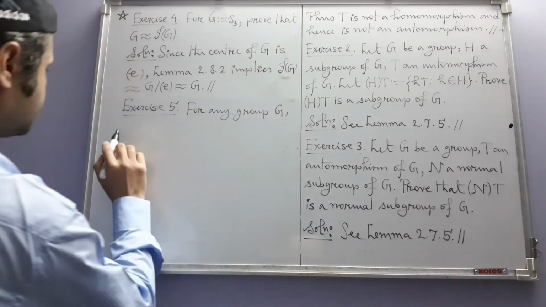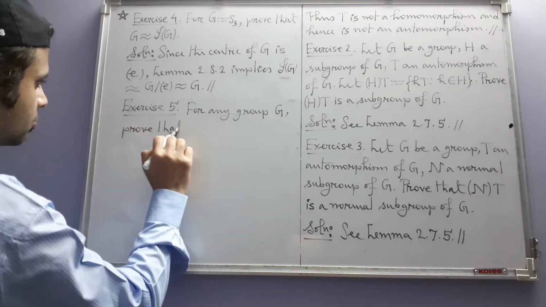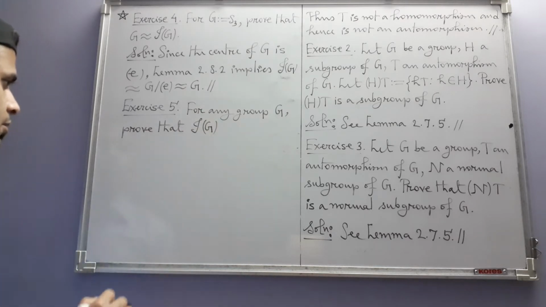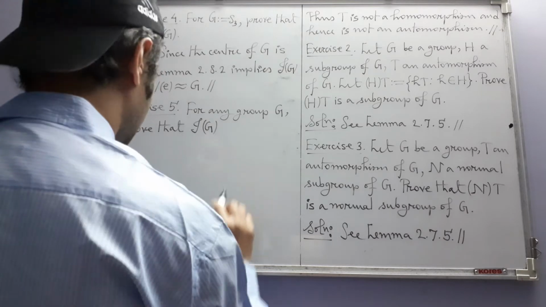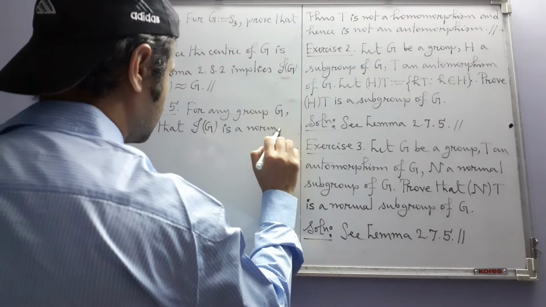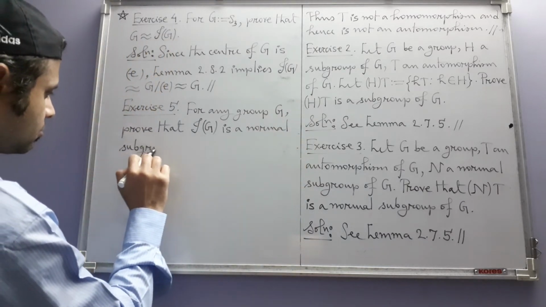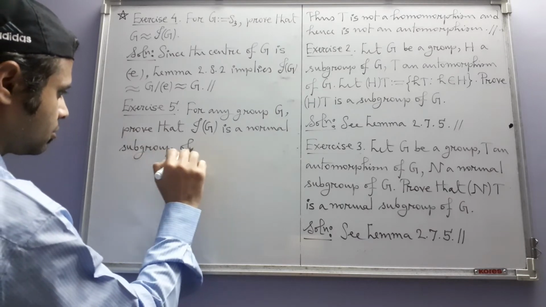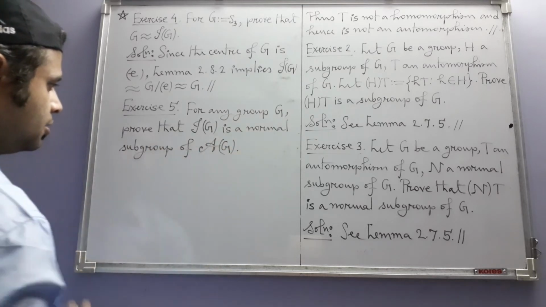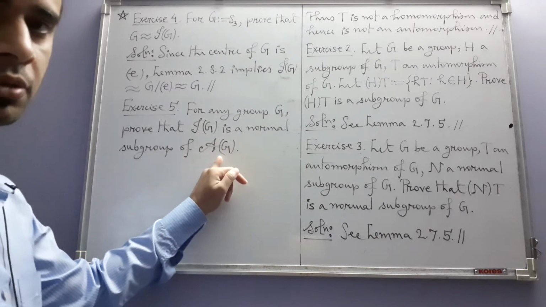Prove that the group of inner automorphisms of G is a normal subgroup of the automorphism group of G. We already know, we have shown that this is a subgroup of this.